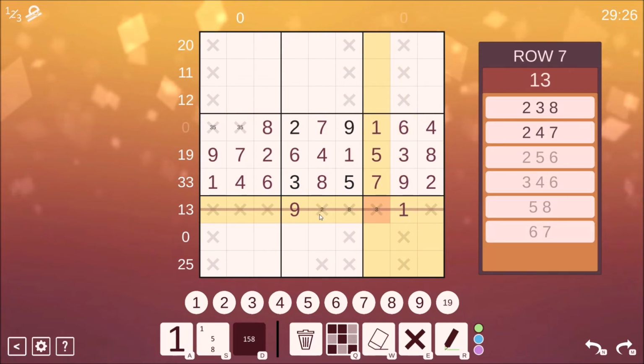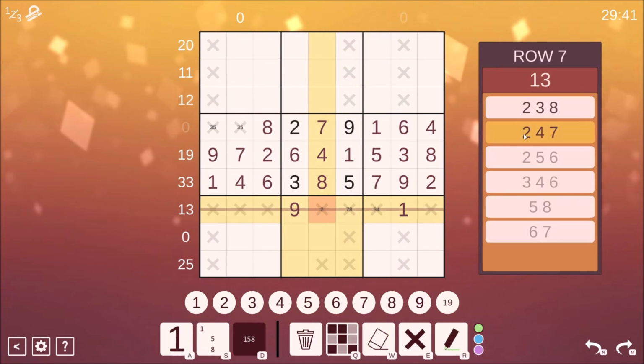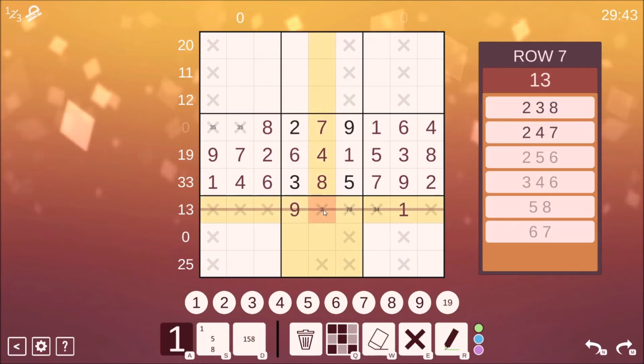So we could place a 4 here, and we would have to place a 7 here, and the 2 here. So no matter what, our 2 will be in this position.